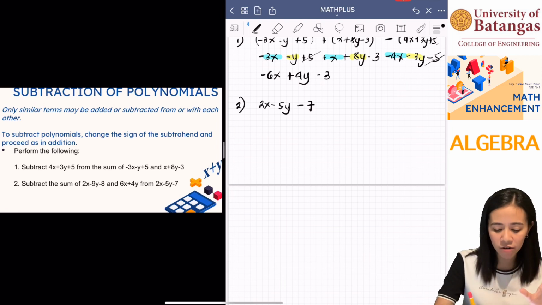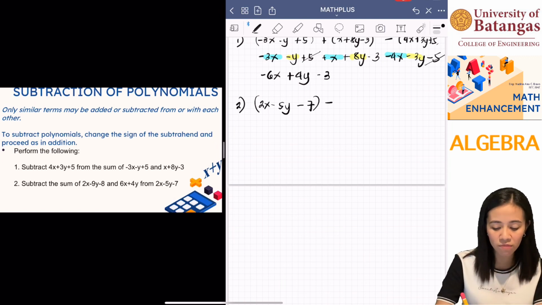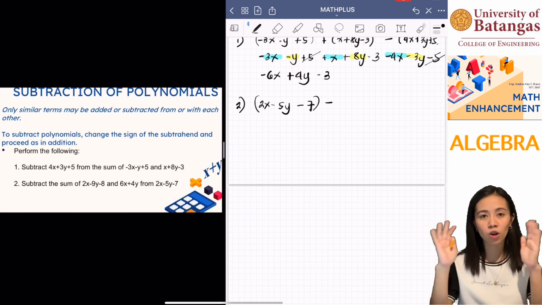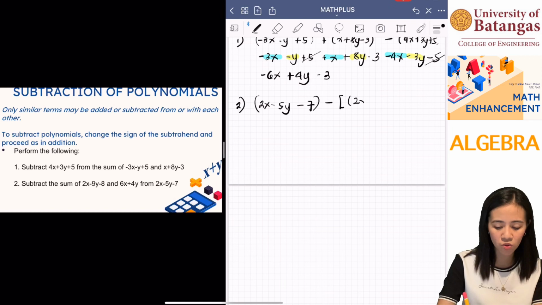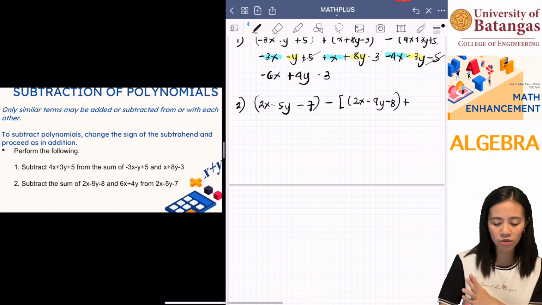Okay, so from this expression, dito mo isusubtract yung sum ng dalawang given. So, let me enclose that into a bracket. So, you get the first expression, which is 2x minus 9y minus 8. And then, we're going to sum that to 6x plus 4y.